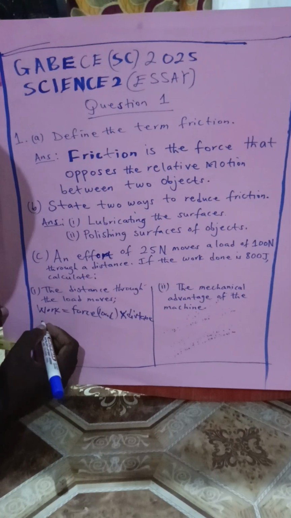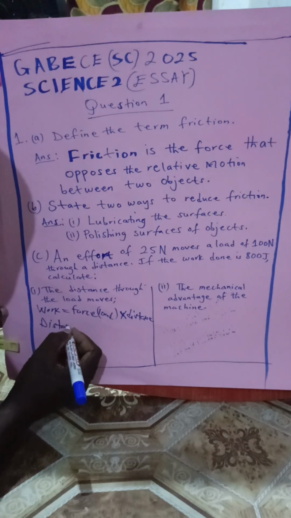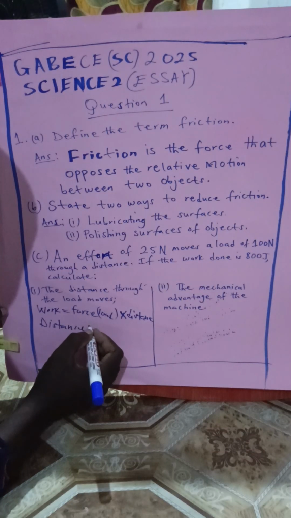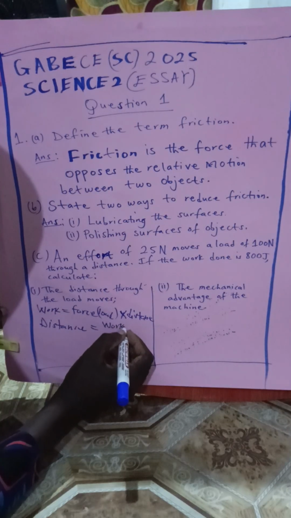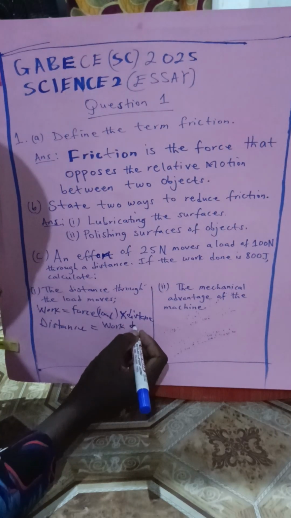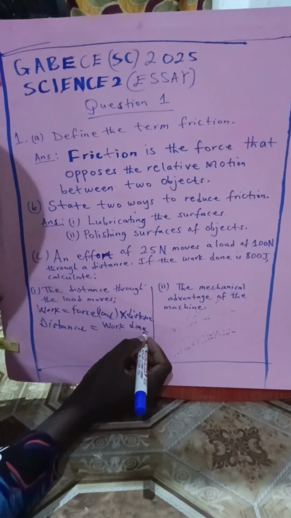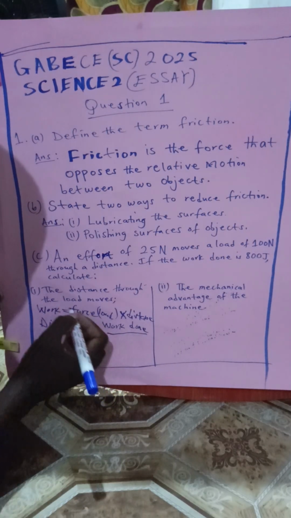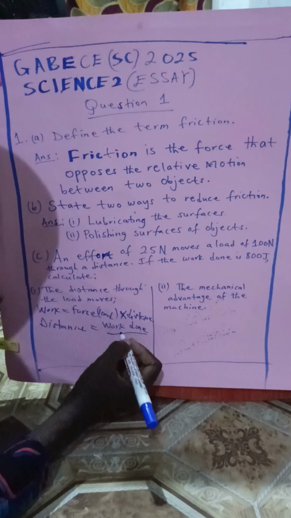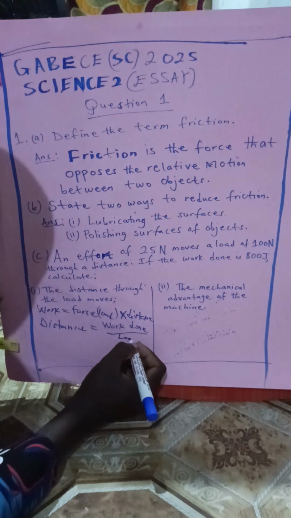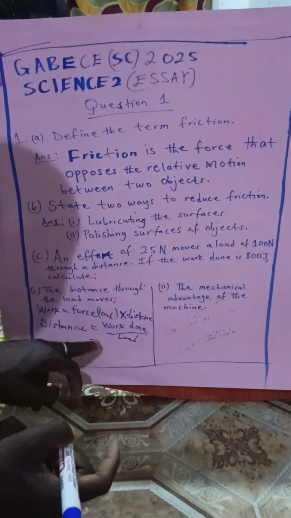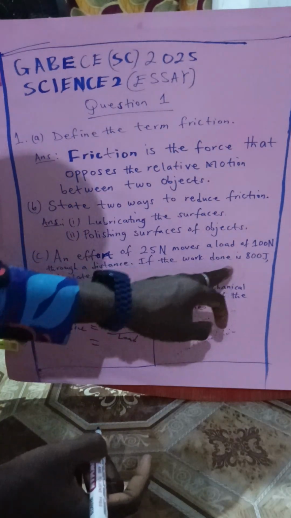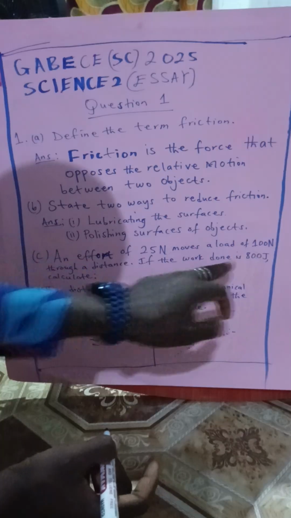So here I will write distance equals work done, that is here, all over the force or the load. If I want, I can write the load. So here you are asked to calculate the distance. Take note. The work is given, work done 800 joules.